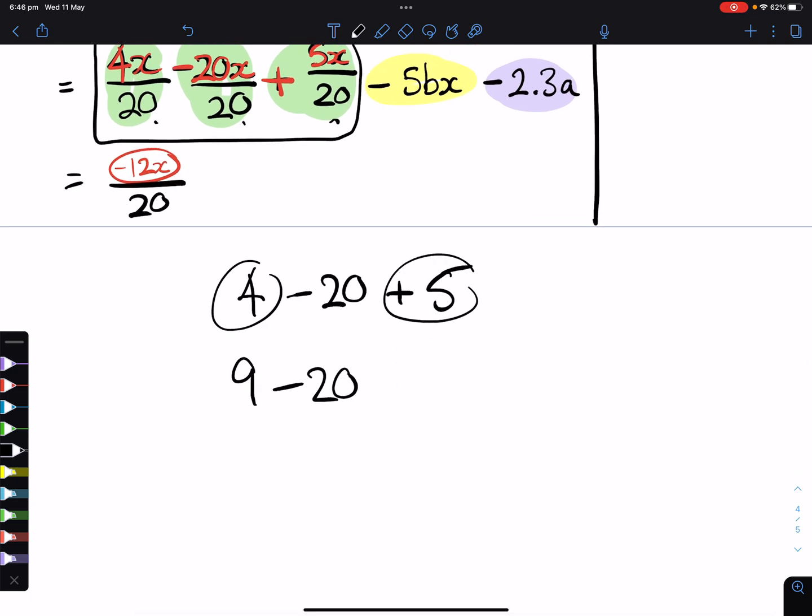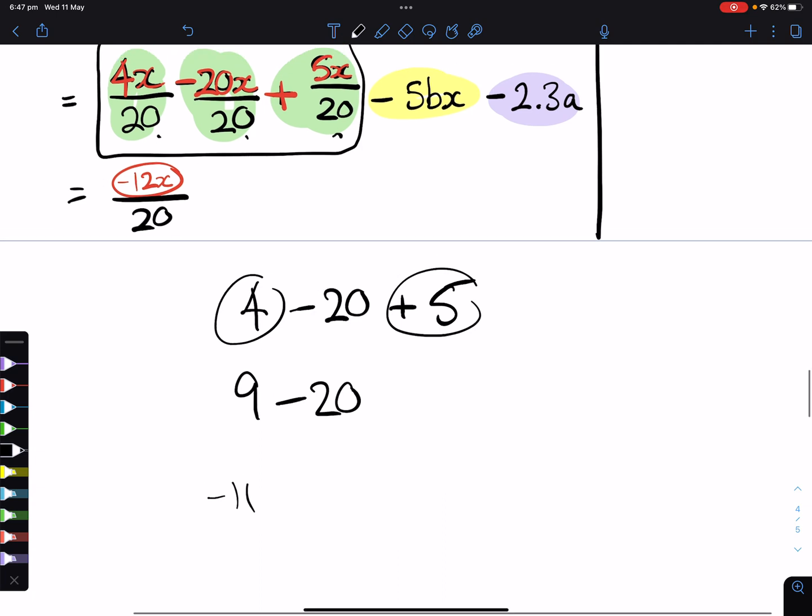That's the same thing as, let's see, 9 take away 20, that would be negative 11? Was I off by 1?